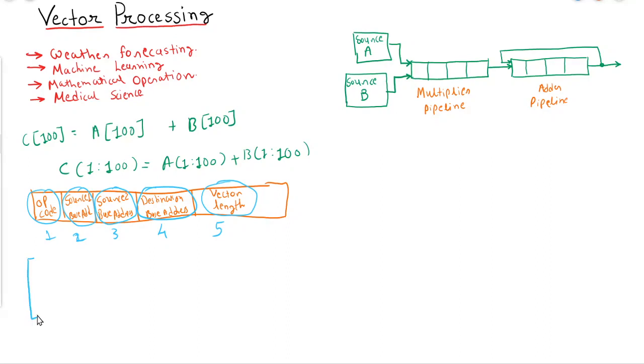A: A11, A12, A13, A21, A22, A23, A31, A32, A33, and B: B11, B12, B13, B21, B22, B23, B31, B32, B33.